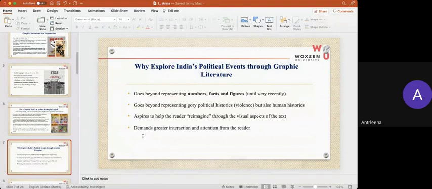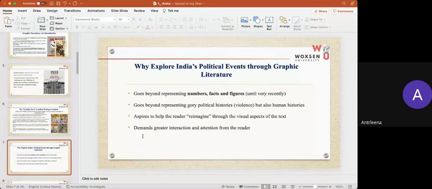And this is where graphic narratives come in. They aspire to help the reader reimagine through the visual aspects of the text. Because you have the images, you get a chance to reimagine the entire situation, the entire story, through the writers, through the creators, and it's a very emotional and powerful experience.